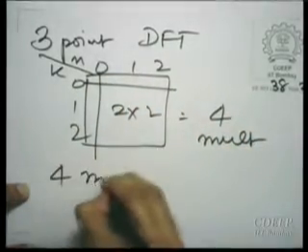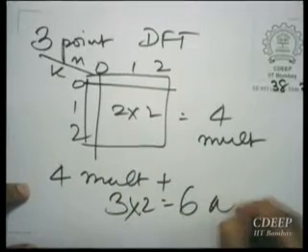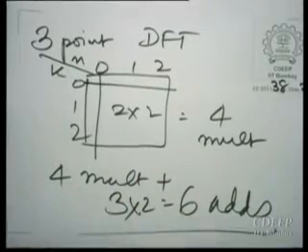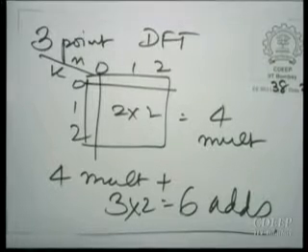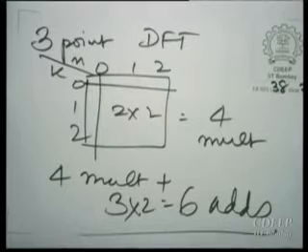And therefore, there are 4 multiplies and 3 multiplied by 2, that's 6 adds. Now, shuffling is not counted as an operation at all. It's just a placement of wires, or it's just taking wires from one point to the other notionally. So you're not counting shuffling as an operation.